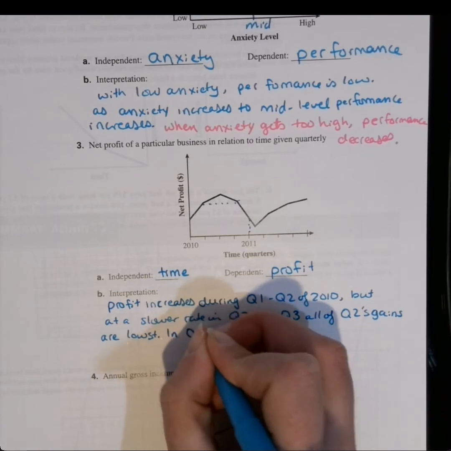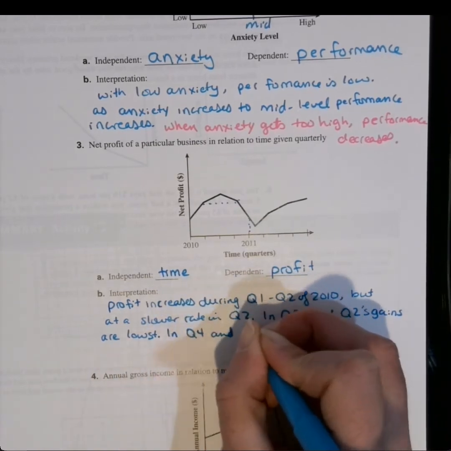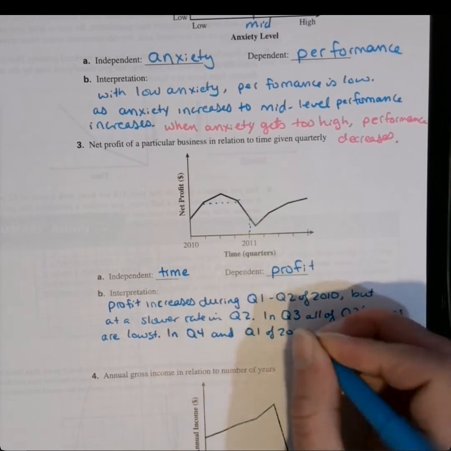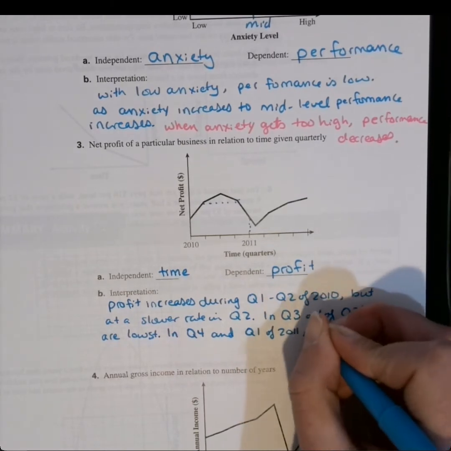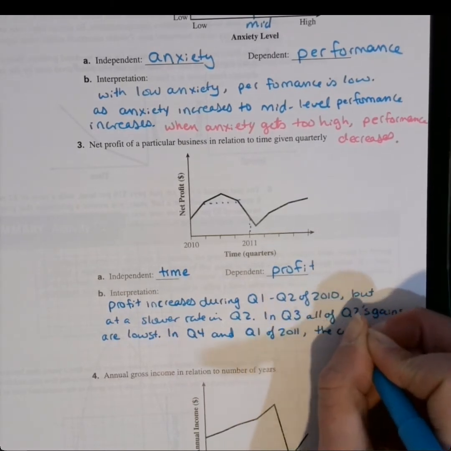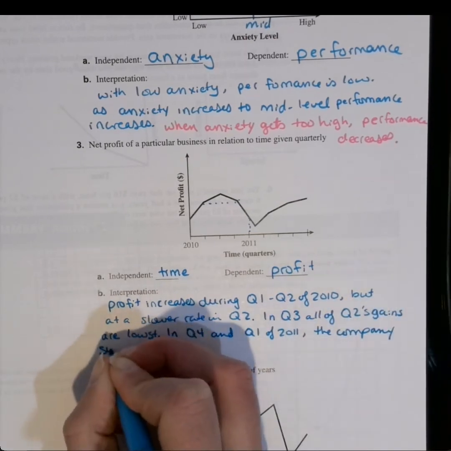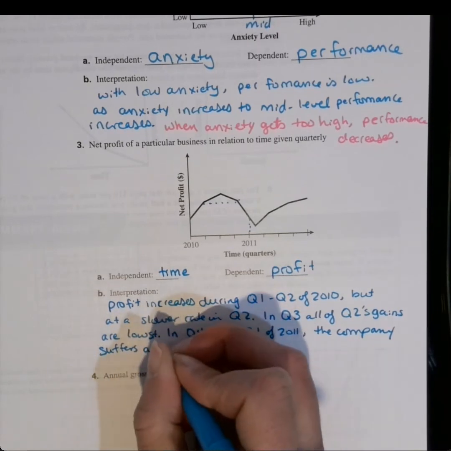In quarter four and quarter one of 2011, the company suffers a large loss.